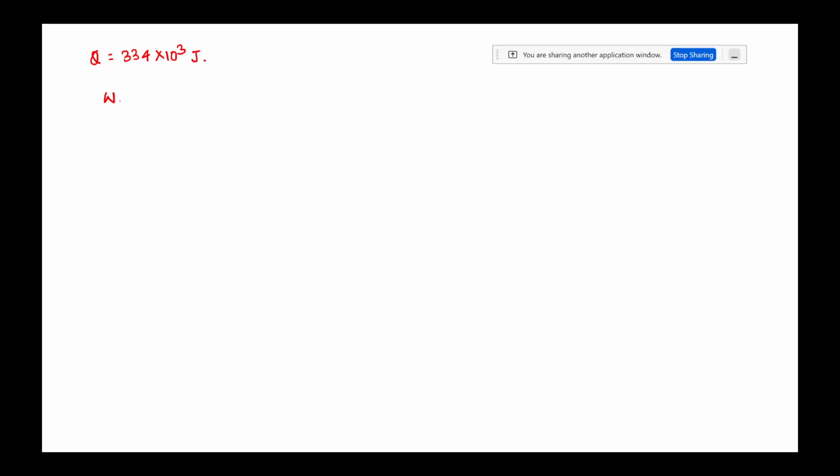So W by Q is Tc, Th by Tc minus 1. That becomes 290 by 273 minus 1, so 17 by 273.